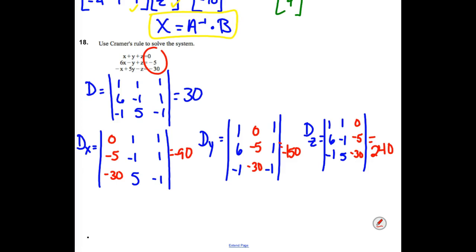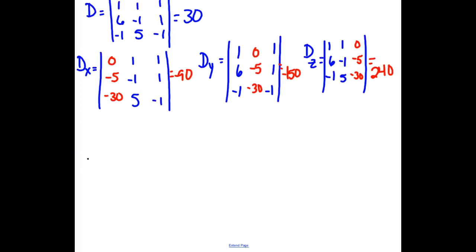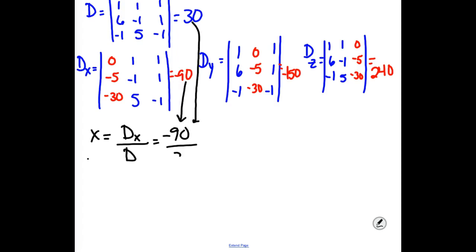All right, so what we do with those now, to find our x coordinate, we are taking D sub x, the determinant of our x matrix, divided by the determinant of our initial matrix. So we are taking this negative 90 and dividing by the 30 that we had. So our x coordinate would be negative 3.